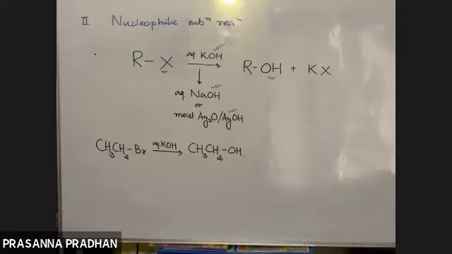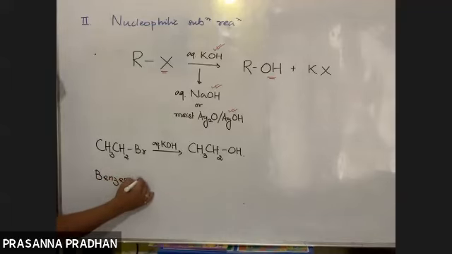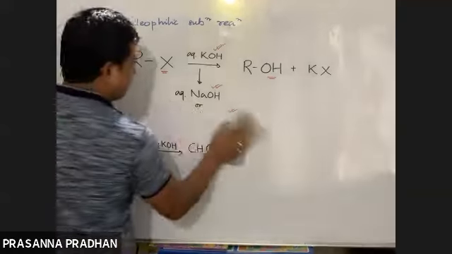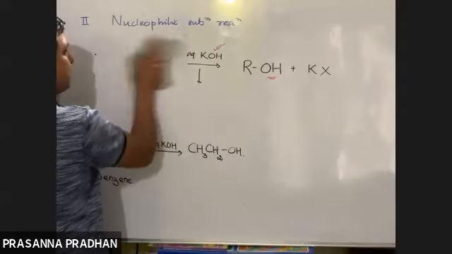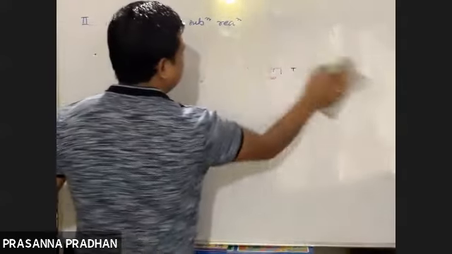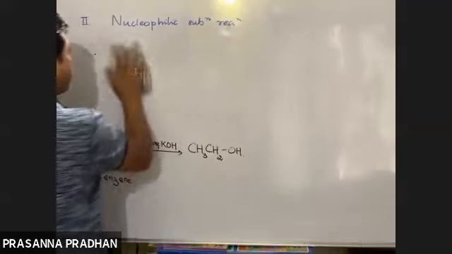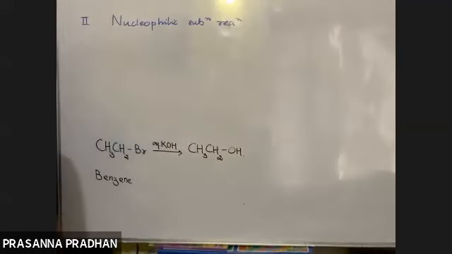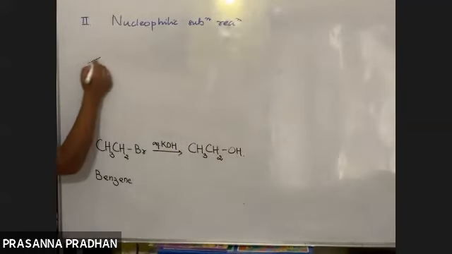Okay. Suppose you are given this question: how will you convert benzene, or say I'll give you one conversion, so copy it. You predict the product. Let us recapitulate the things which you have done earlier.